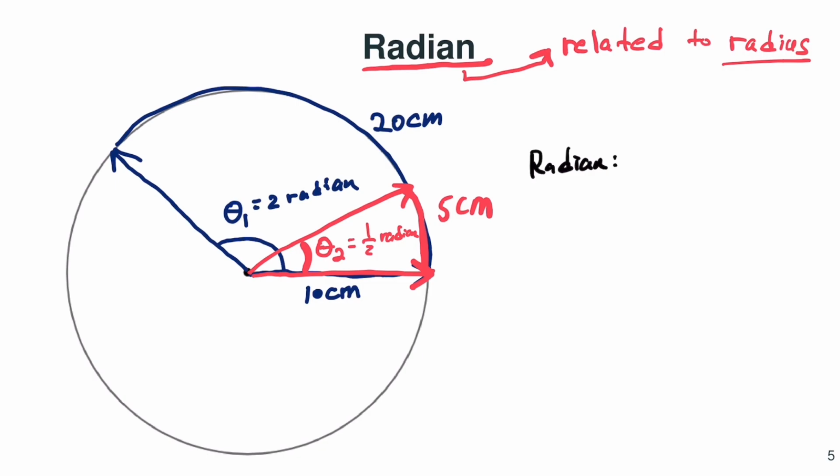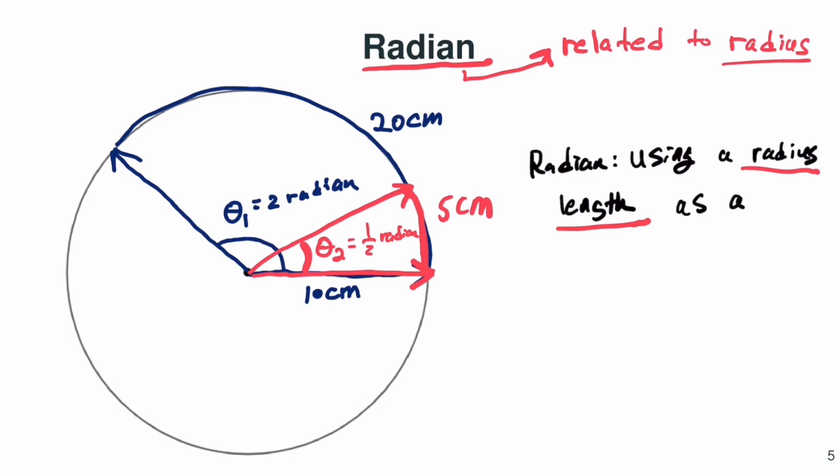Radian is using a radius length, let me underline that, radius length, as a, quote unquote, counting unit for the subtended arc length.